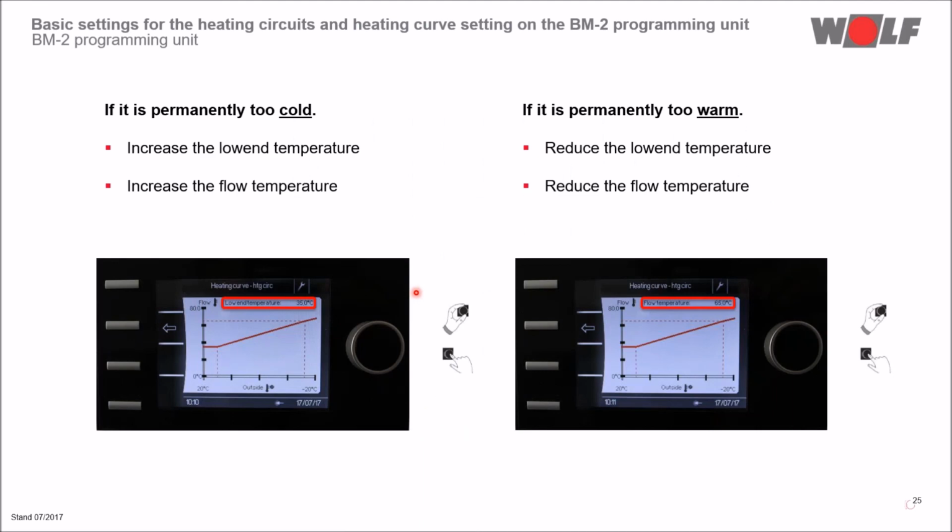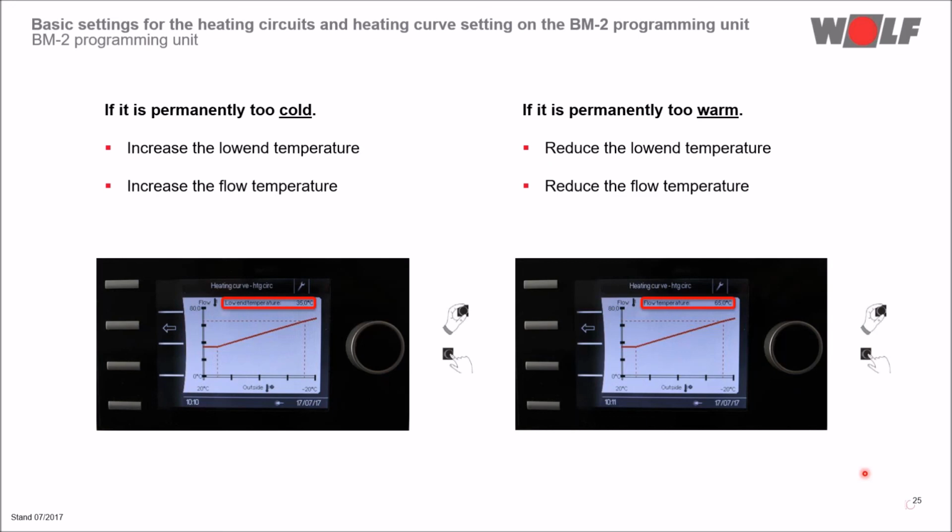A parallel offset of the heating curve can be performed by changing the low end temperature and the maximum flow temperature. If it's continuously too cold, increase the low end temperature and the maximum flow temperature. If it's continuously too warm, decrease the low end temperature and the maximum flow temperature.